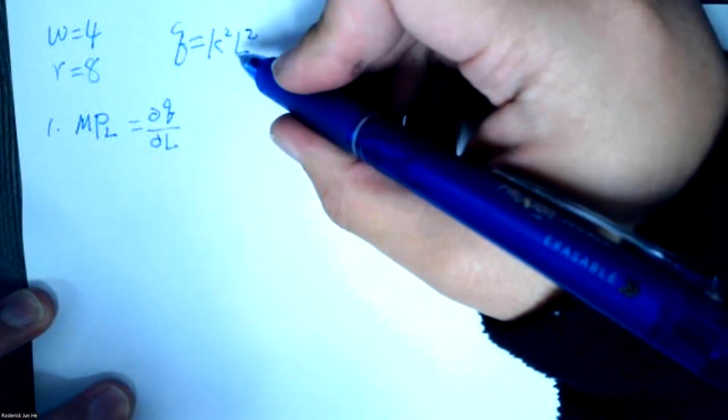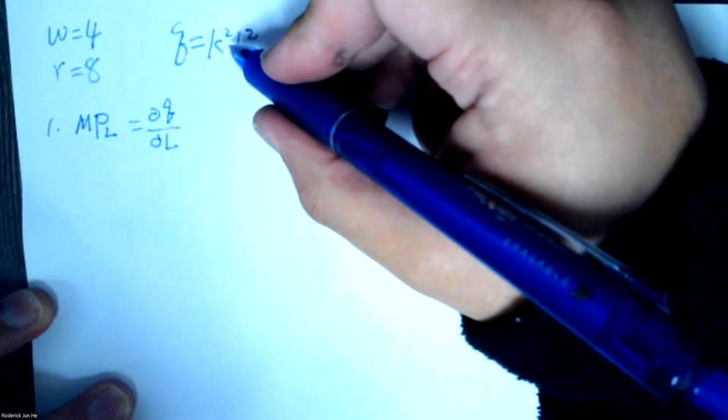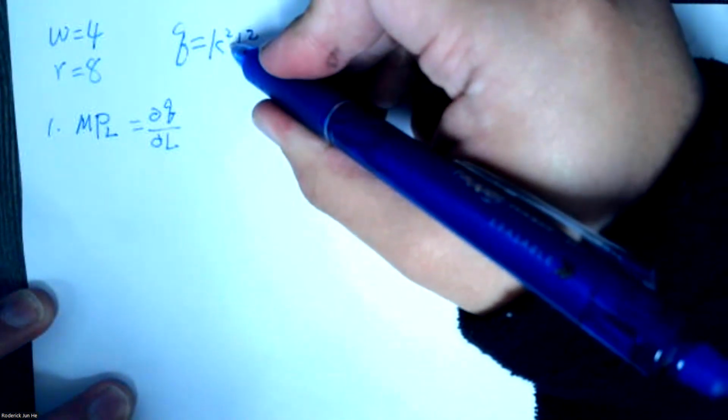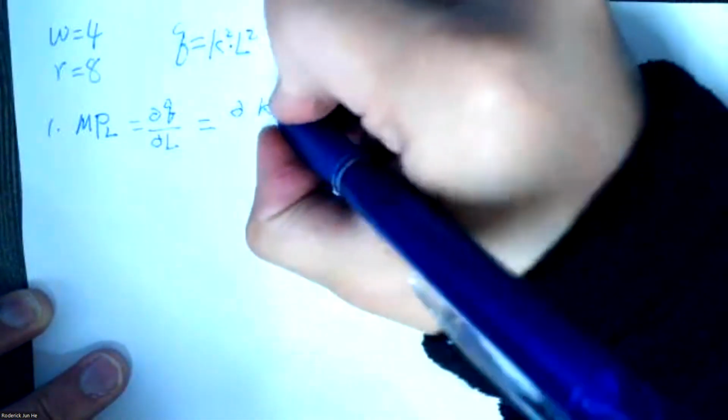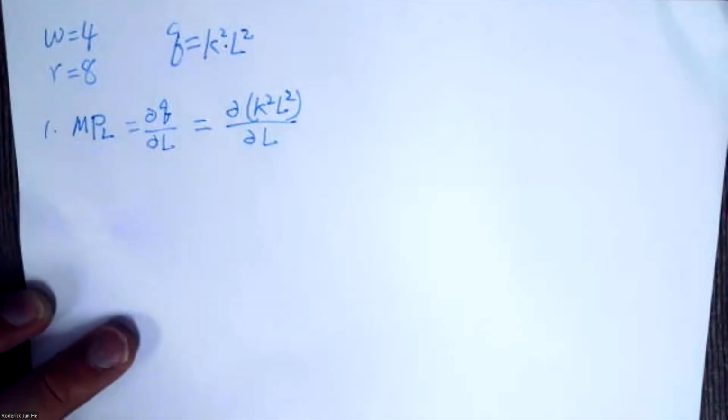The marginal product of labor is the partial derivative of Q with respect to L. Here you recognize L as the only variable, and K squared is a constant multiplied to this variable. So we have the partial derivative of K squared L squared with respect to L.